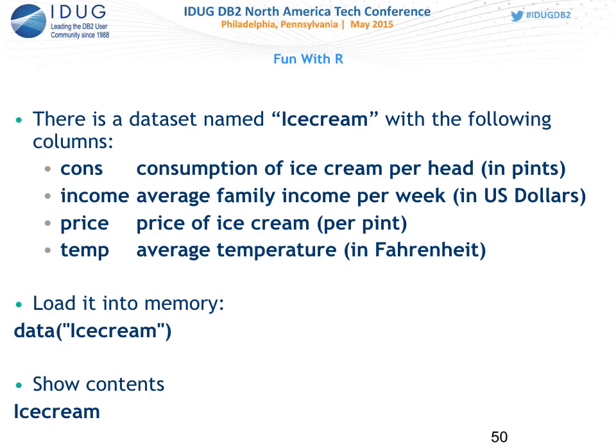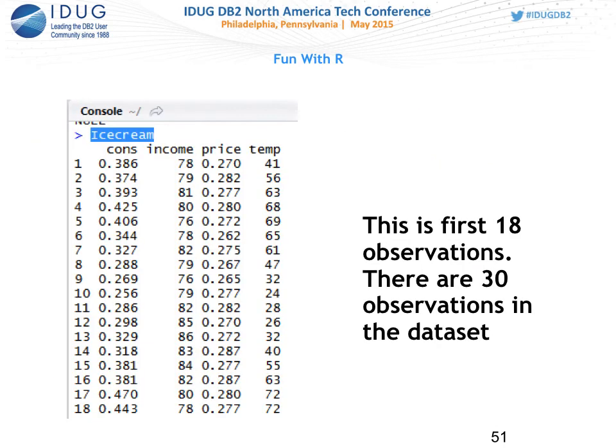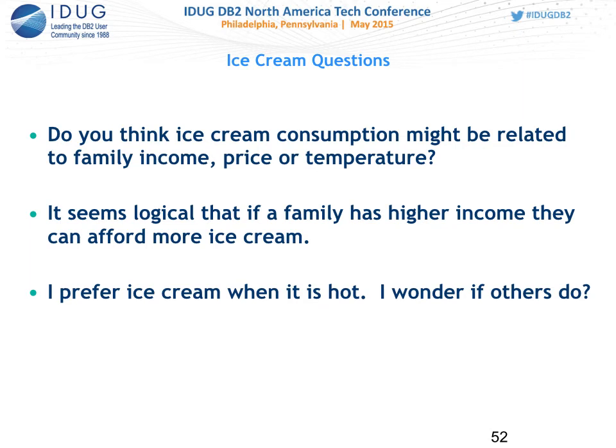So I loaded it into memory, and this is another way of loading it, just data and the name of the data set. I looked at the data to see what it was. This is only the first 18 of the 30 observations, and you could see what the data looked like. If you wanted to just do some high-level eyeballing to see what you had, that's a way to do it.